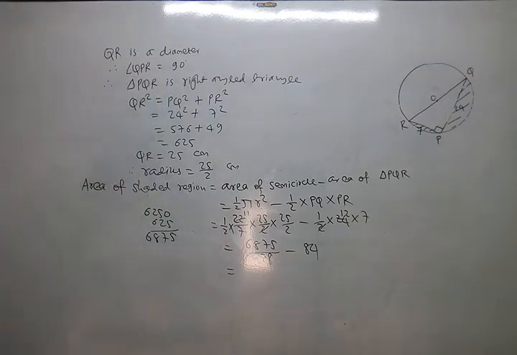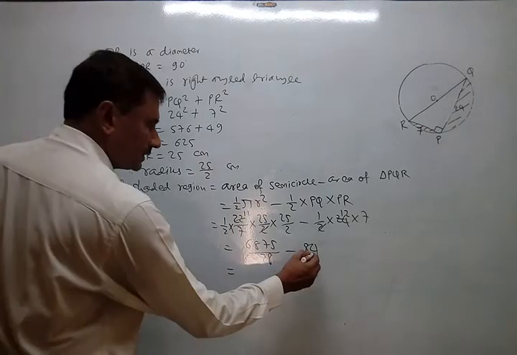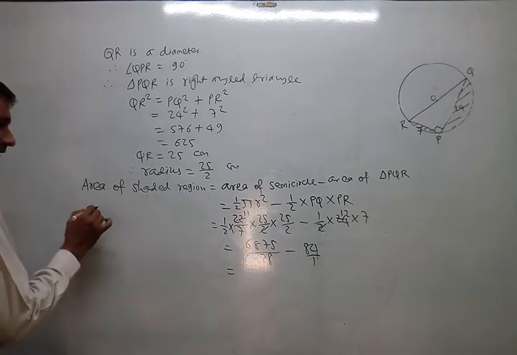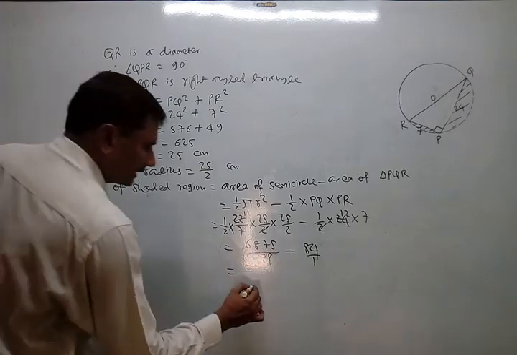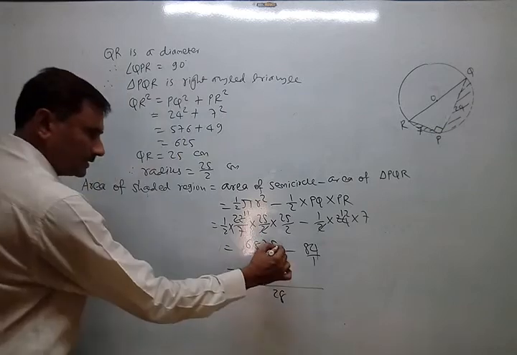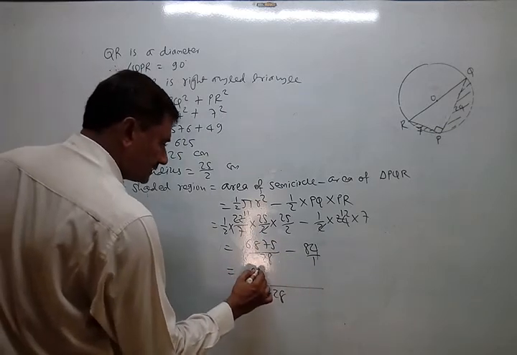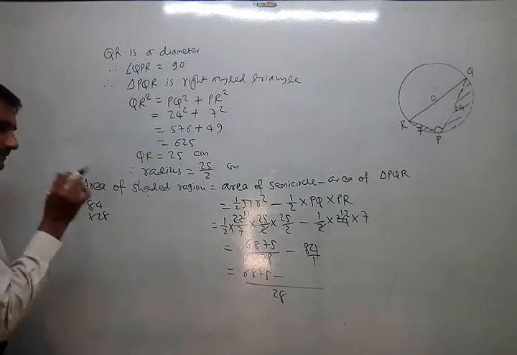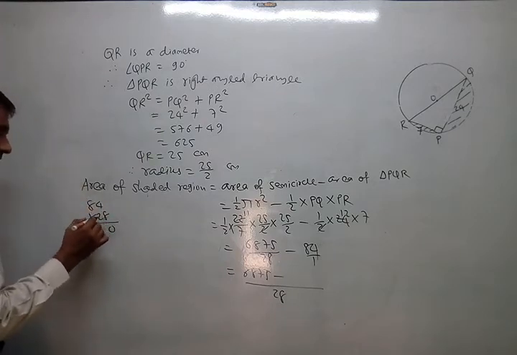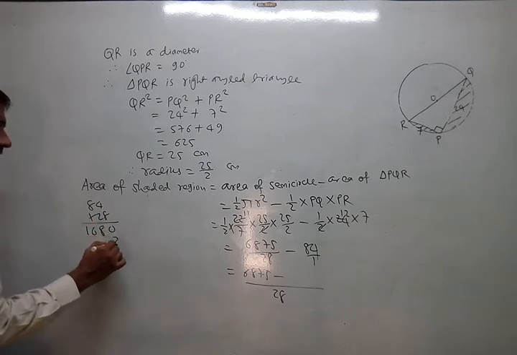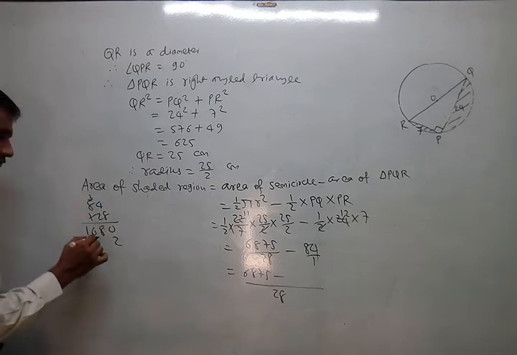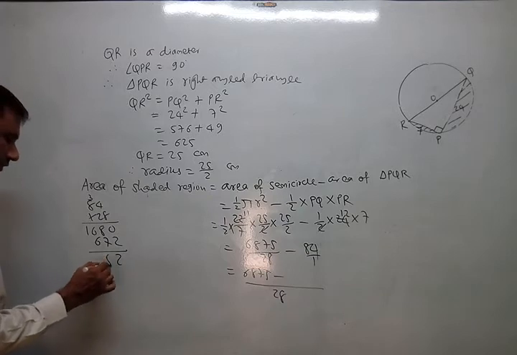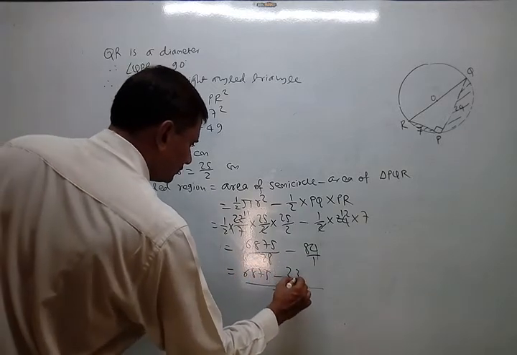So I just calculate it by taking the LCM only. So 6875, and by taking the LCM, here it is 28. Now cross multiply, so it is 6875 minus 84 into 28. 84 into 28 is 2352.